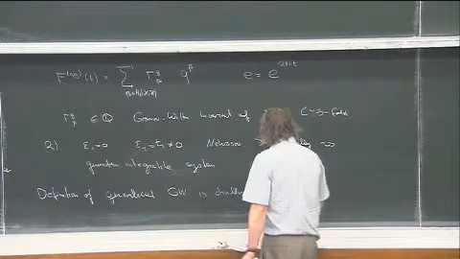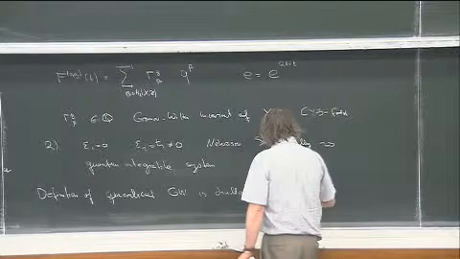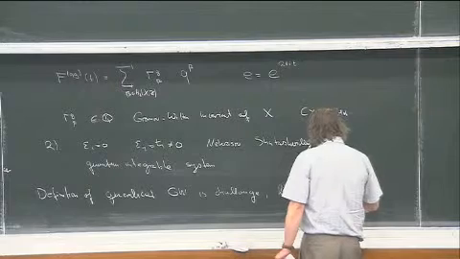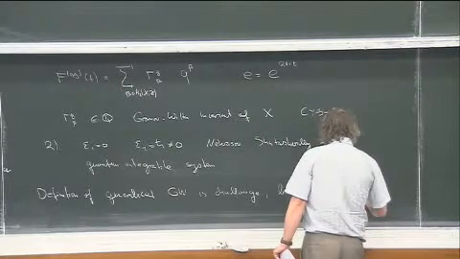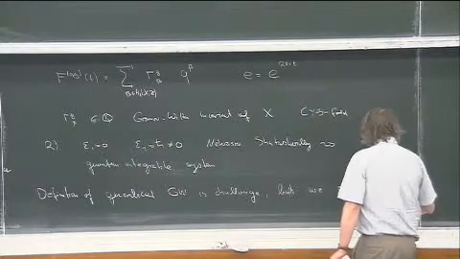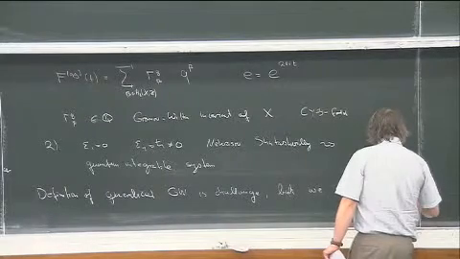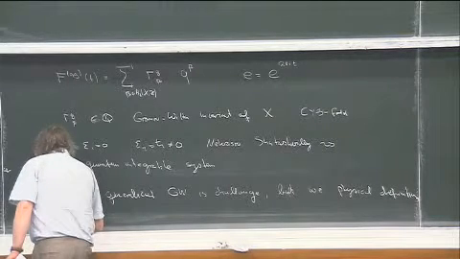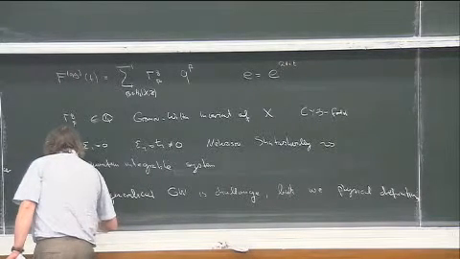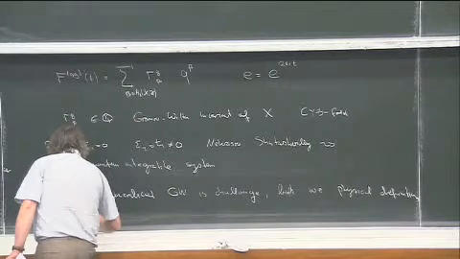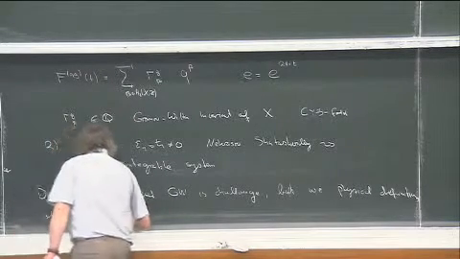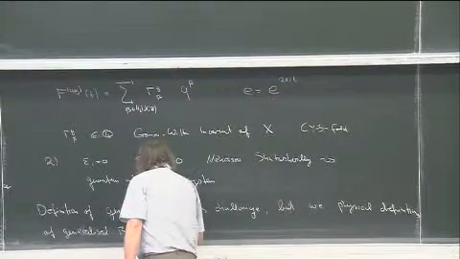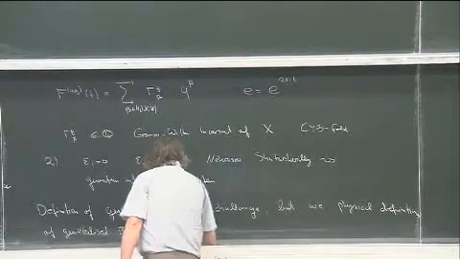But there is a physical definition of generalized BPS invariants, or at least a physical definition of generalized BPS numbers. And this I want to give you a little bit.